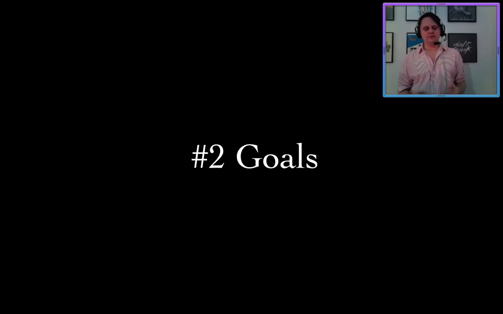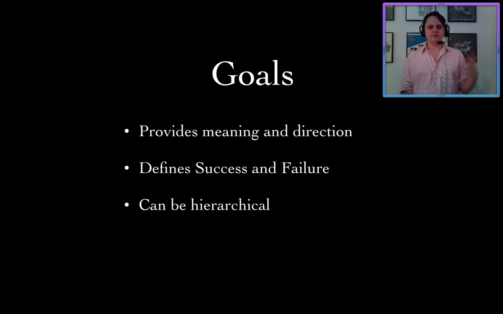So a goal means you're actually trying to achieve something. And what that entails is it provides meaning and direction. So you know what you're doing, basically. It defines success and failure. Whereas with Lego, you can't fail at Lego. You can just build different things. There's no wrong way and right way. You just build whatever you want. If you have a goal, then there's a right way and a wrong way.